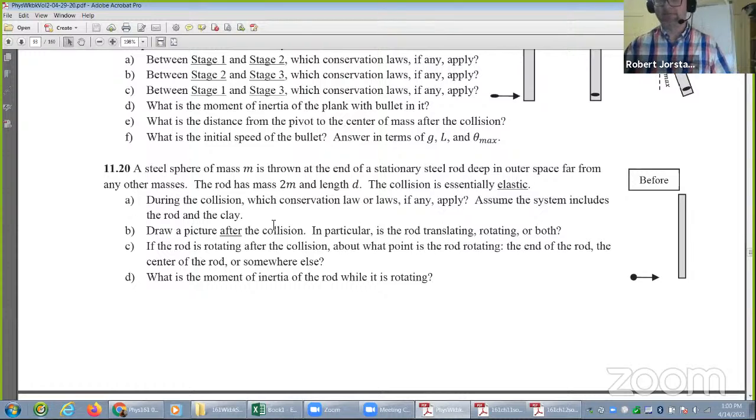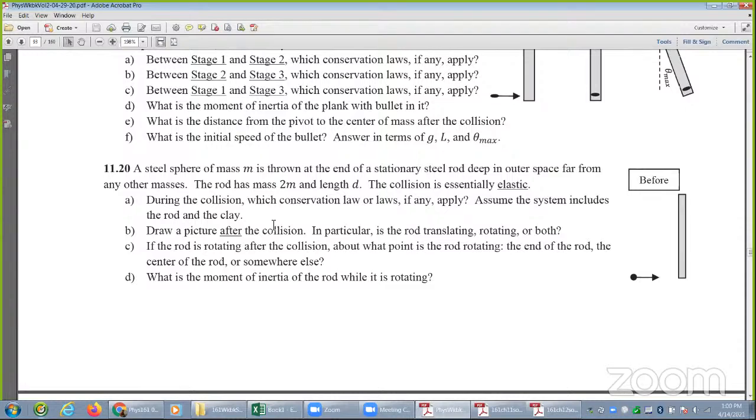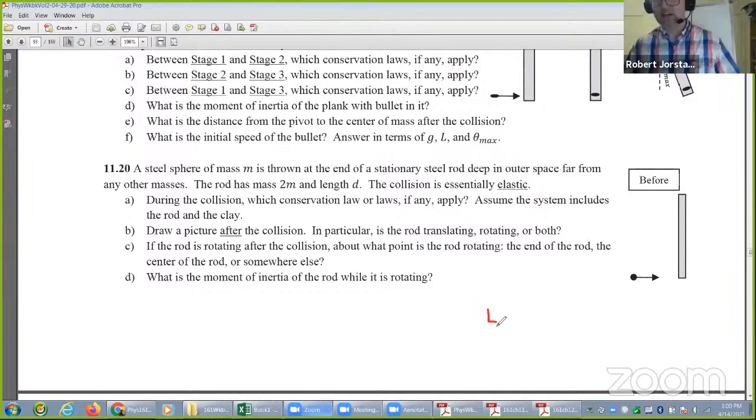Do they apply or not? It's perfectly inelastic, so the energy does not count. Energy does? Meaning E initial equals E final. So conservation of energy applies here.